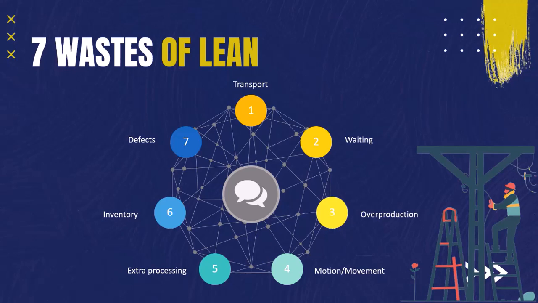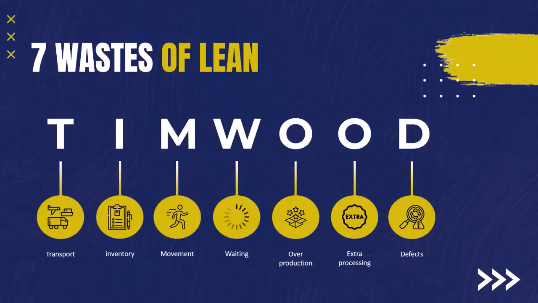Seventh, inventory, which are items or information that the customer has not received. And the 7 wastes are represented in what we call TIMWOOD. This is where T stands for transportation, I stands for inventory, M stands for movement, W stands for waiting, O stands for overproduction, the second O stands for extra processing, and D stands for defects.